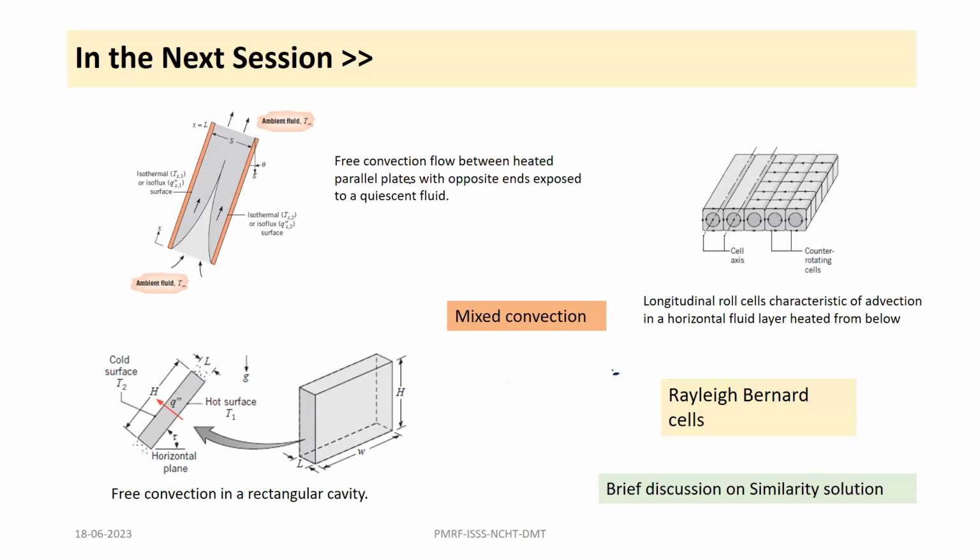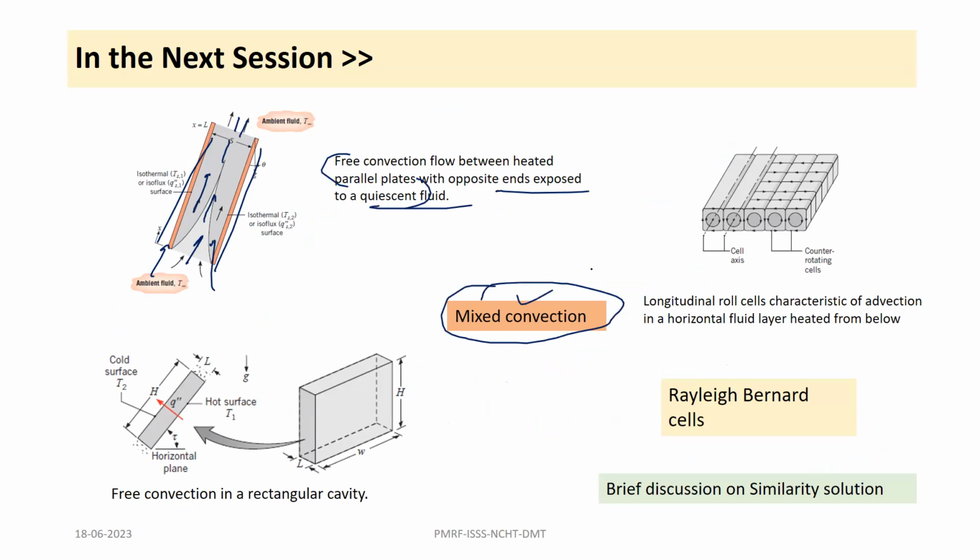So I hope that is clear. In the next session, we will discuss flow between parallel plates. Two plates are kept together, what will happen? How will we analyze that? Then the mixed convection case, which means forced plus free convection. Then advection, just a brief discussion of that.